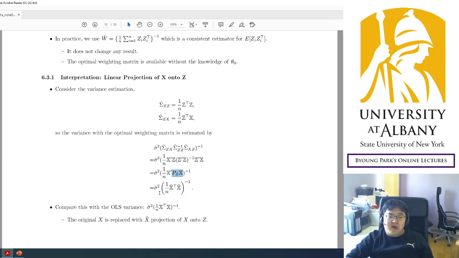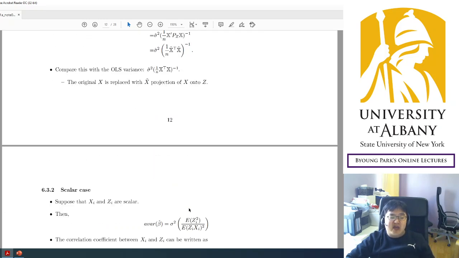So if you define this much as x tilde, you have this format. So compare this with the OLS variance estimator. OLS variance estimator took this form. Similar, x prime x inverse. But now you have x tilde prime x tilde inverse. The difference is x and x tilde.